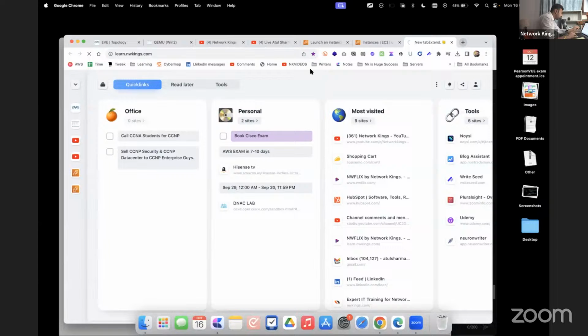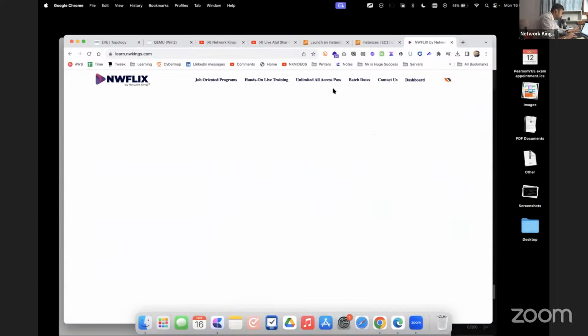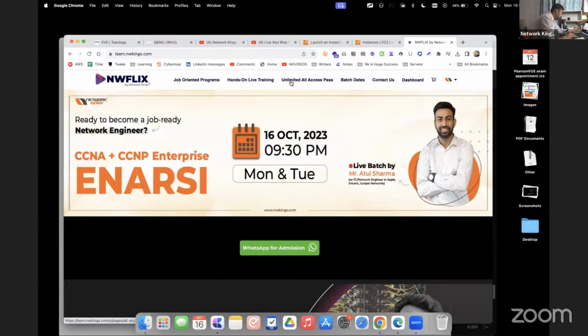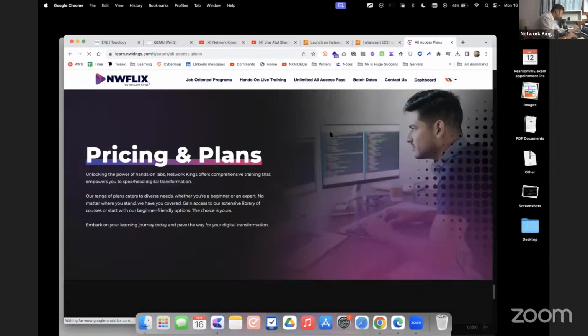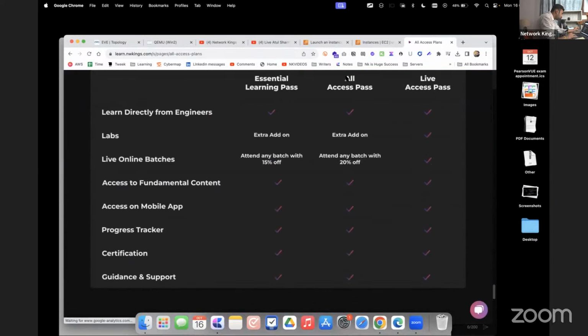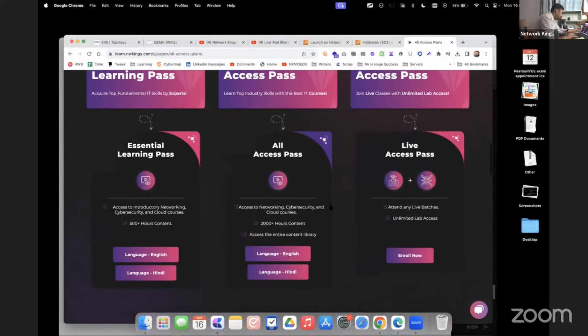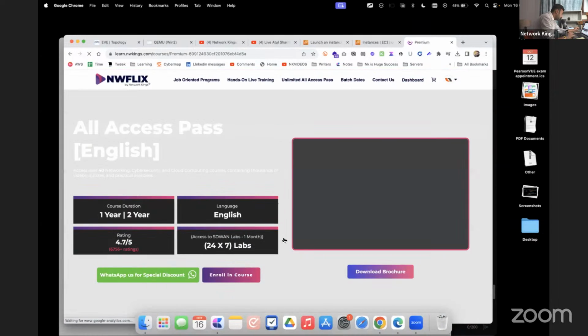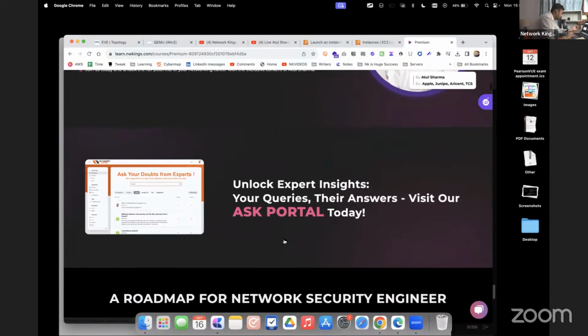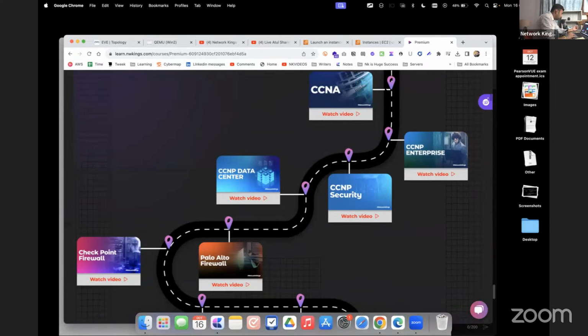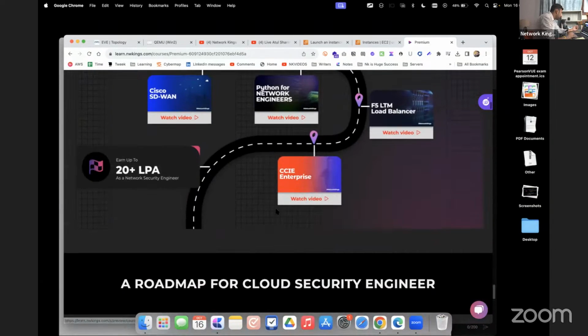Because on our platform, if anybody does not have time to attend live batches, we have what we call the all access pass, where you get around 50 plus courses. It has AWS, all the roadmaps, all these courses are inside it.